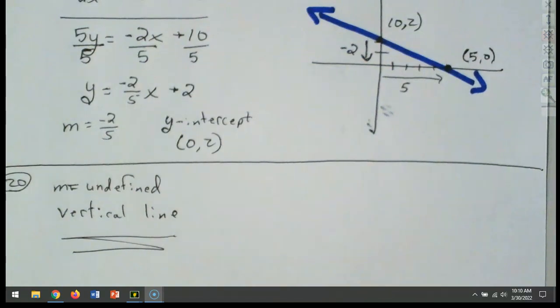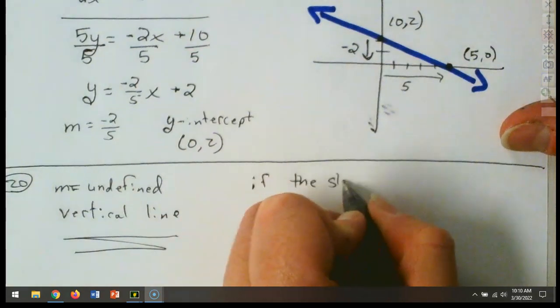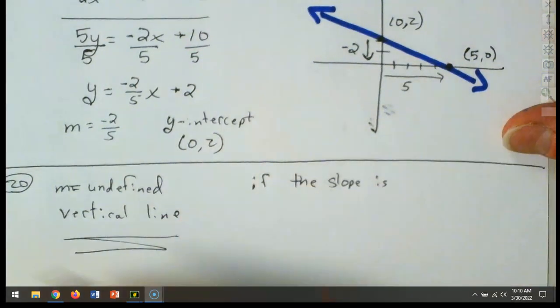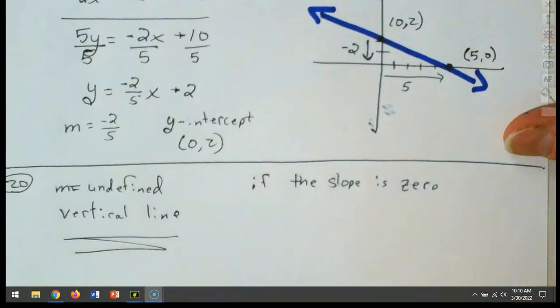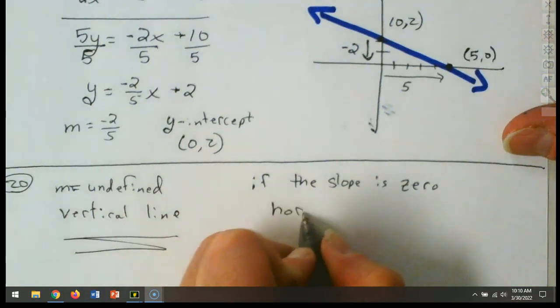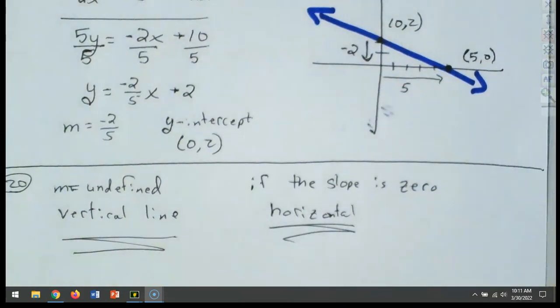Now, on your exam, I'm going to change it to horizontal. I'm going to give you a slope of 0. So if the slope was 0, this is basically a free question. If your slope is 0, then what type of line is it going to be? Horizontal. So there's basically a free question right there.